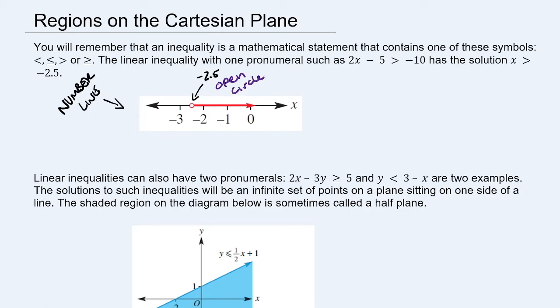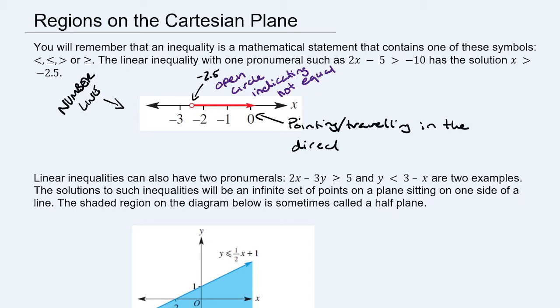It's open, and that indicates that it's not equal. You can also see on that number line that the arrow is pointing in the direction of possible values. And that's how these things work on our number line here.